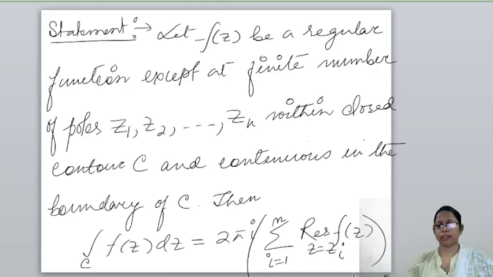That is, if f(z) is a regular, that is analytic, function except at a finite number of poles within a closed contour C and continuous on the boundary of C, then the integral over C of f(z) dz is equal to 2 pi i times the sum of the residues at these finite poles.